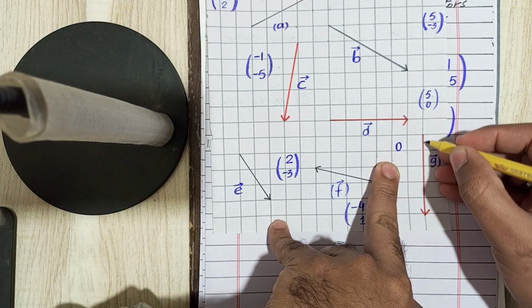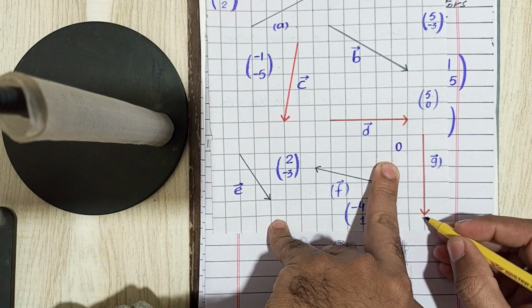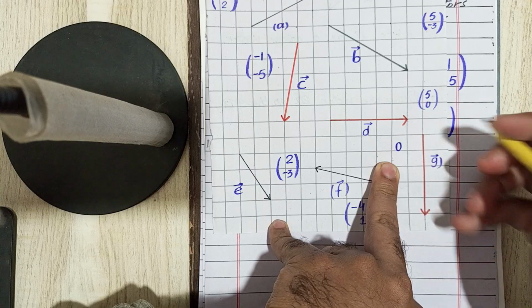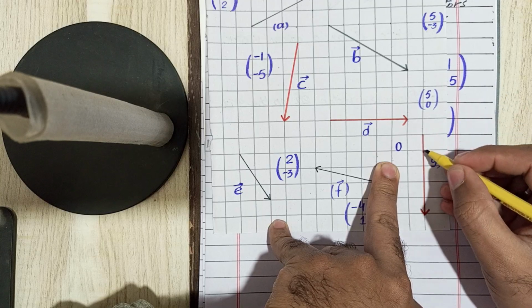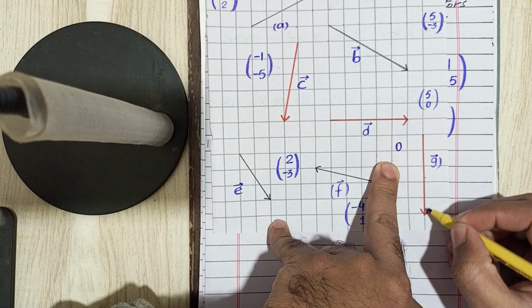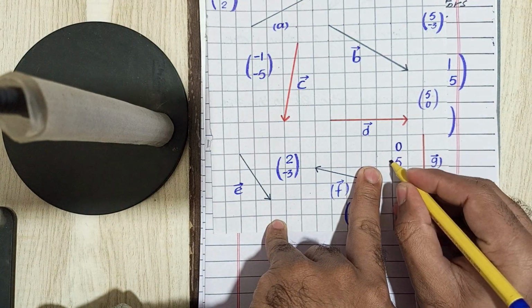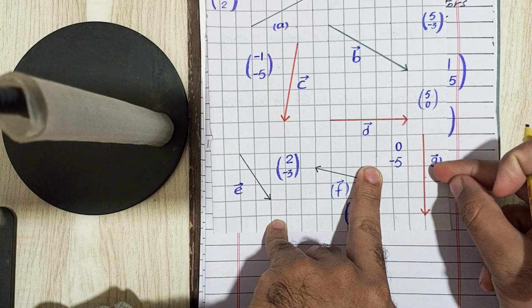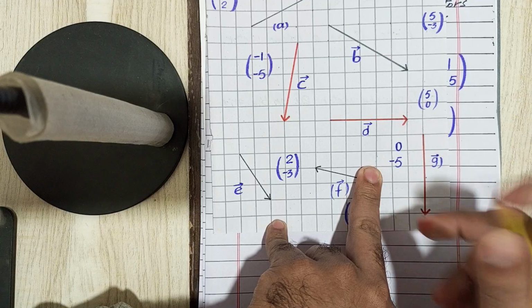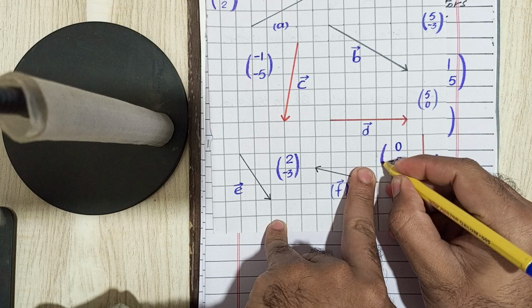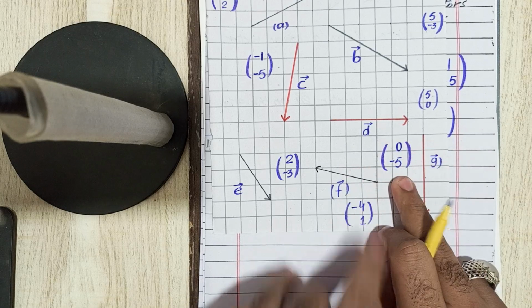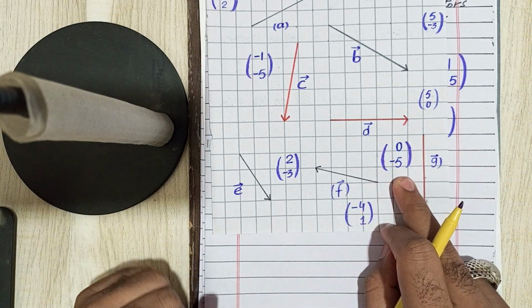But this vector moves from top to bottom, or in the downward direction, so it means we have 1, 2, 3, 4 and 5. So we have 5, but negative 5, because this vector moves from up to down. So we have negative 5.